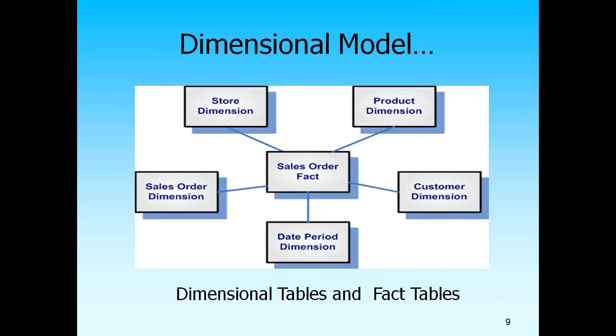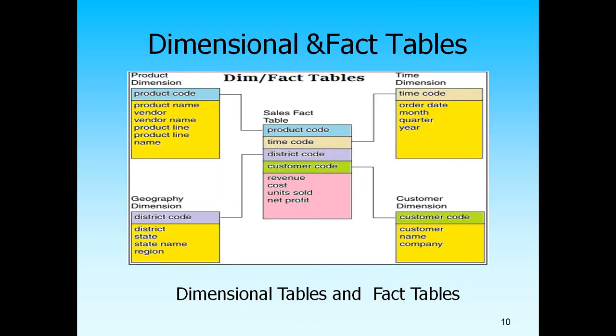And here, you can see what dimensions and facts are. Dimensional tables contain descriptive information, complete detailed information about that particular area. We are talking about the product dimension: product code, product name, vendor name, complete information about the product.